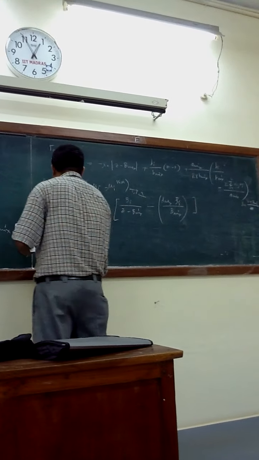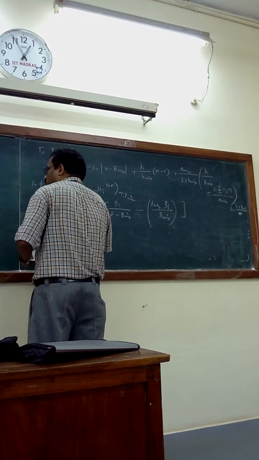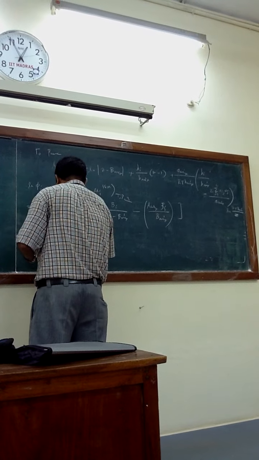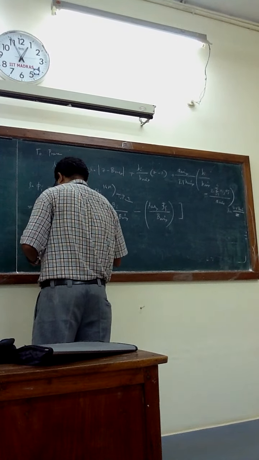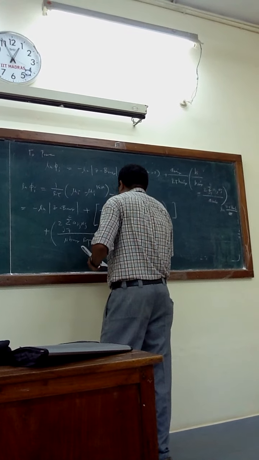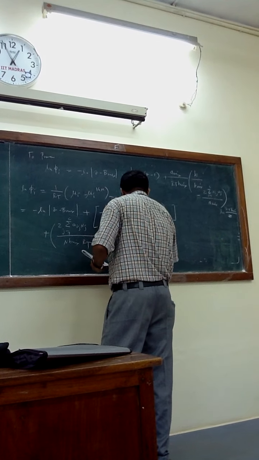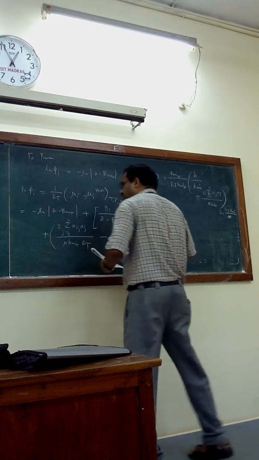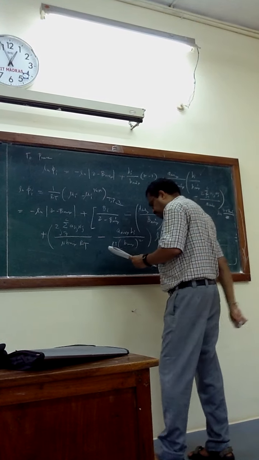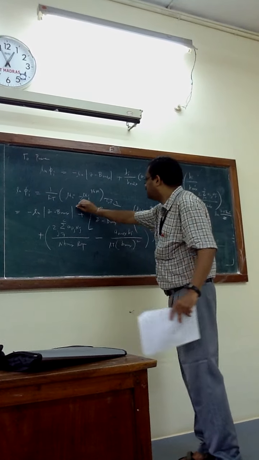Next, plus the third term: 2 summation j equals 1 to c, a ij n j by n, b mix, it should be RT minus a mix b i, over RT b mix square, times ln (Z by Z plus B mix). This term is okay.